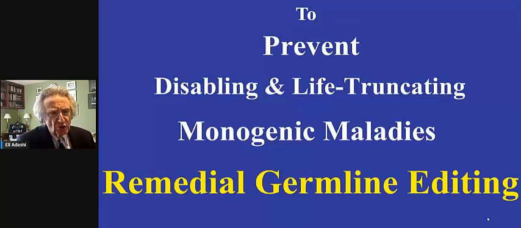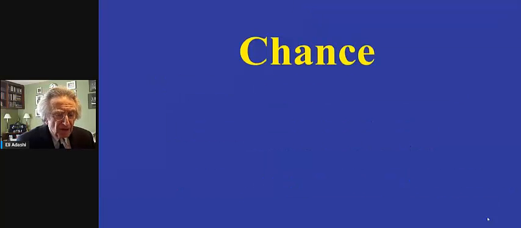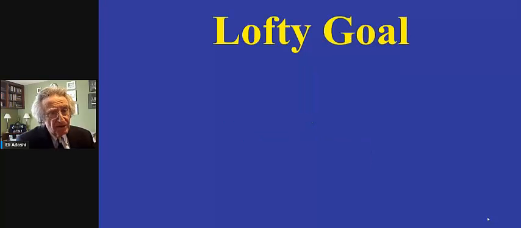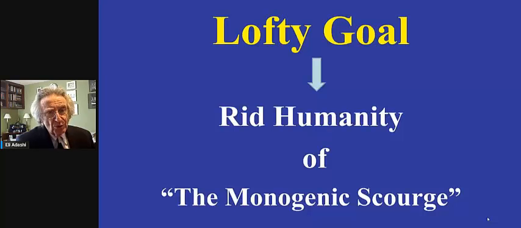This is sometimes referred to as remedial germline editing. This also has sometimes been described as the conversion of chance to choice. This is, of course, a lofty goal, which in principle could rid humanity of the so-called monogenic scourge.